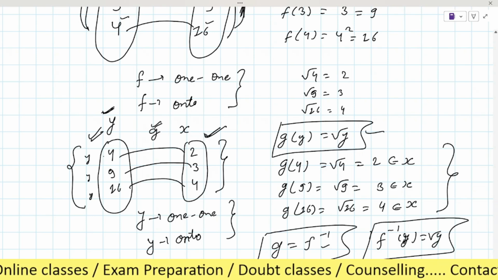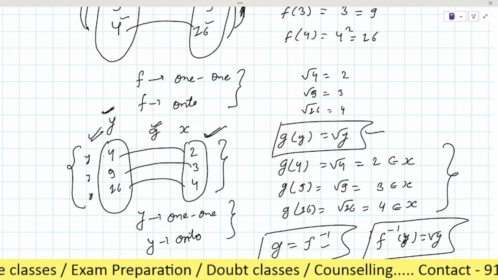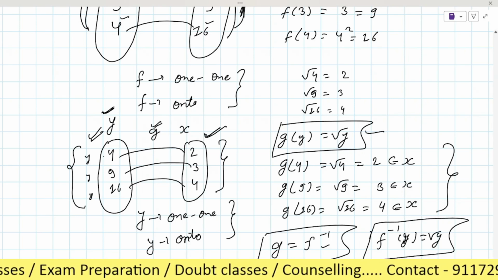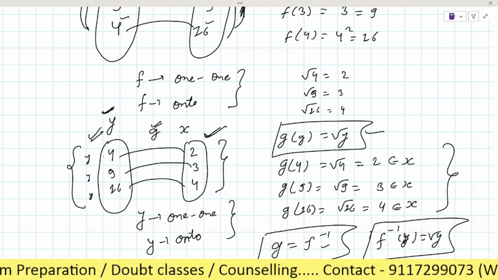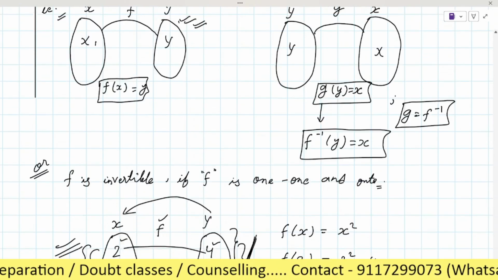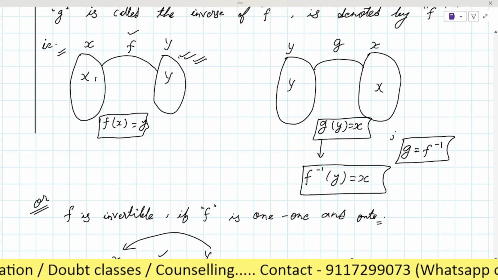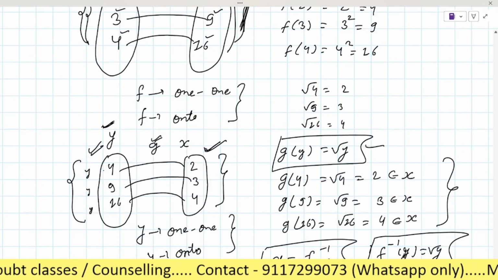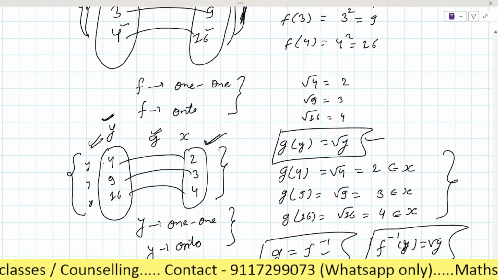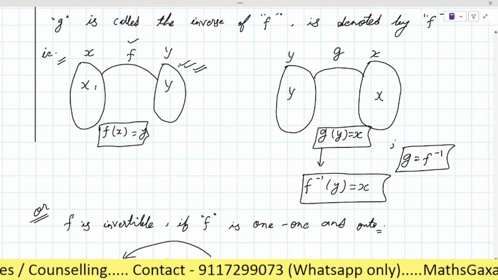This will be our inverse function for this function. Is it clear now? So here I gave the pictorial representation, and here I gave one example. If you want to note down the example, you can note it down.